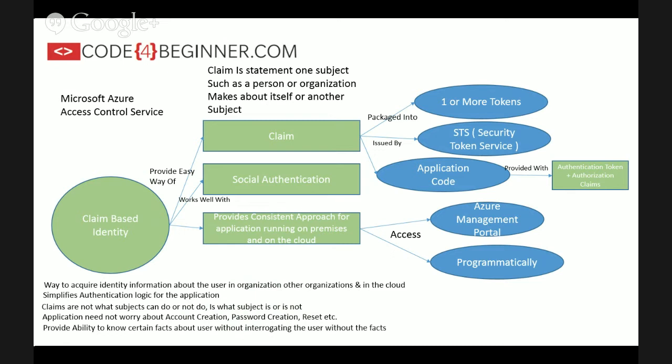Now, a claim is packaged as one or more tokens. It is issued by a security token service. A claim in an application is provided with an authentication token plus authorization claims. So basically, in claim-based authentication, it is not just yes or no like in role-based authentication. It comes with more information.